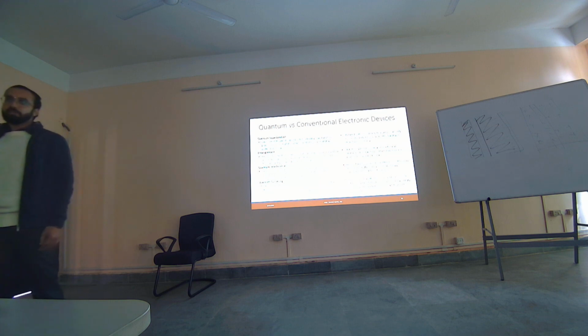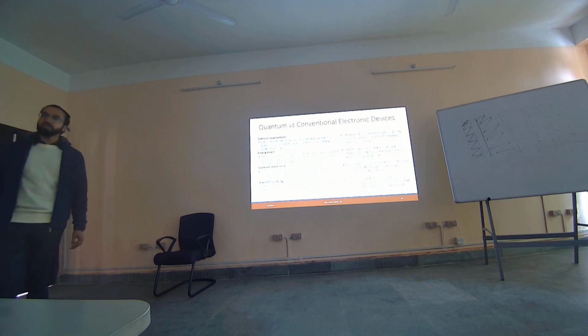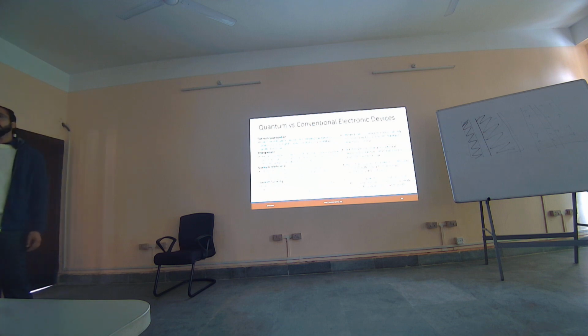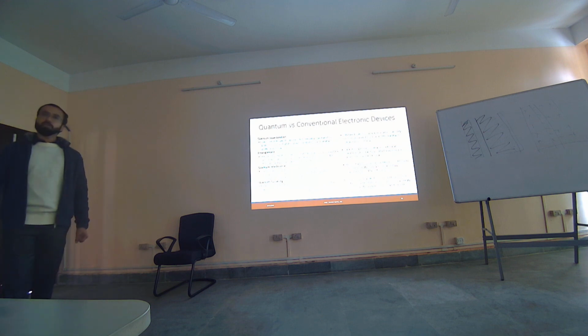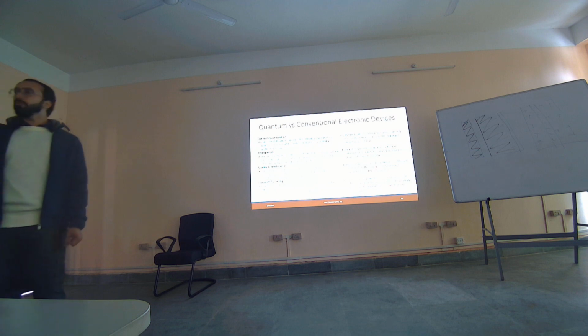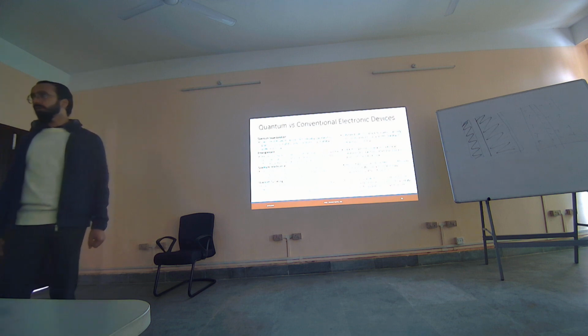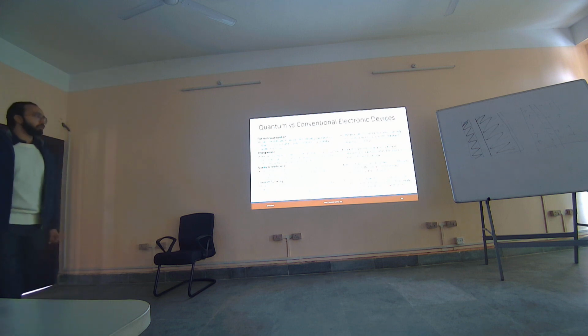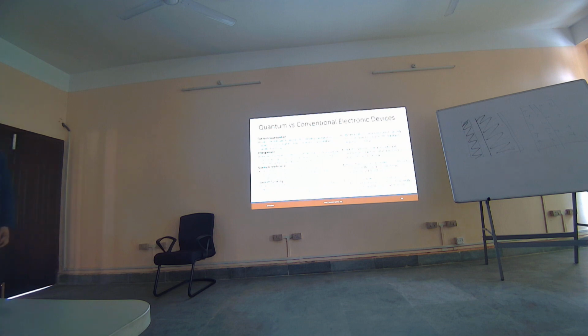Today, if I want to send a radio signal to a probe sent into outer space, beyond our solar system, it will take years for that information to reach there. But by harnessing the quantum properties, we might be able to do that communication in a jiffy. That's where quantum electronic devices are different from conventional devices.